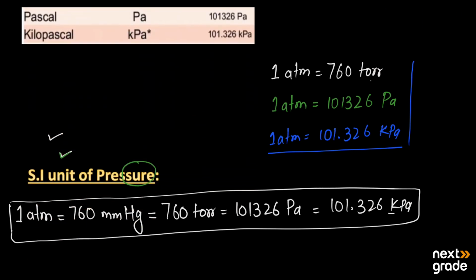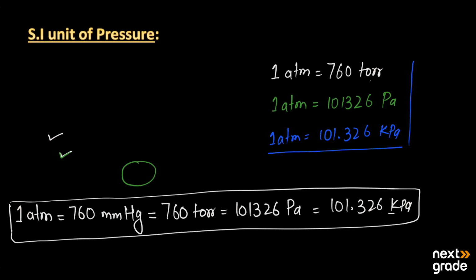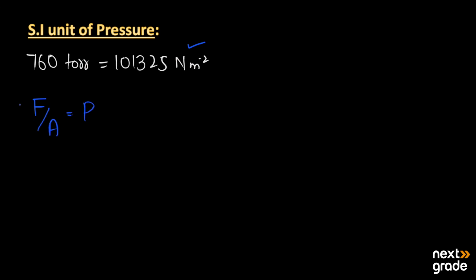Next we have the SI unit of pressure. For the SI unit, 760 torr is equal to 101325 Newton per meter square. We get this Newton per meter square from the formula, force per unit area is equal to pressure.